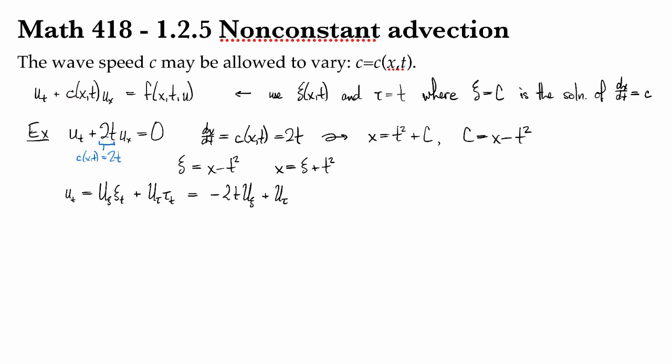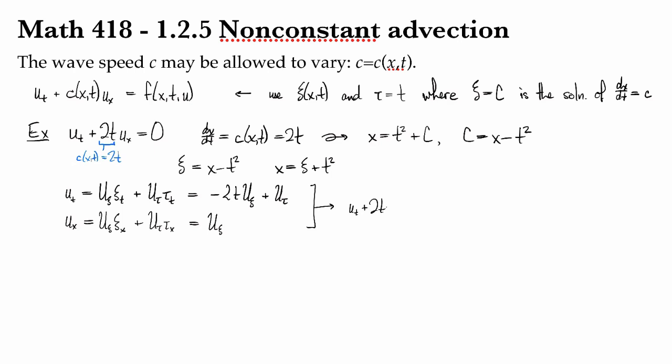And then our u sub x is going to be by chain rule u_xi xi_x plus u_tau tau_x, and again that latter term is going to die, and xi_x is just 1, so this simplifies to u_xi.